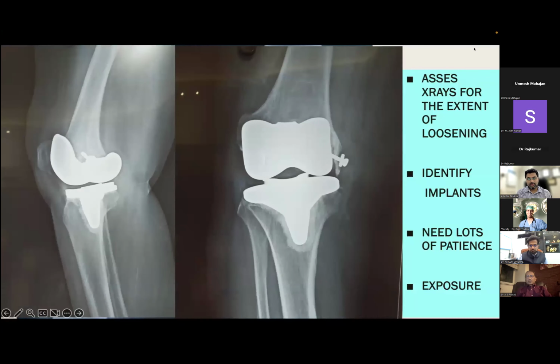It will tell us a lot of things about the X-rays, the bone loss, and then we have to look for whether there is a stem or a keel. So identify what we are going to need as armamentarium. We need a lot of patience. There's nothing to add on. This is absolutely essential. And exposure has to be liberal, as Dr. Arora said.